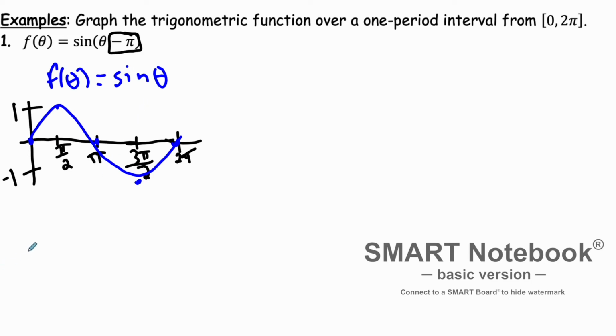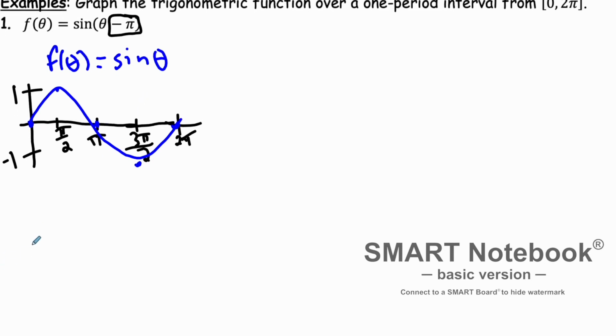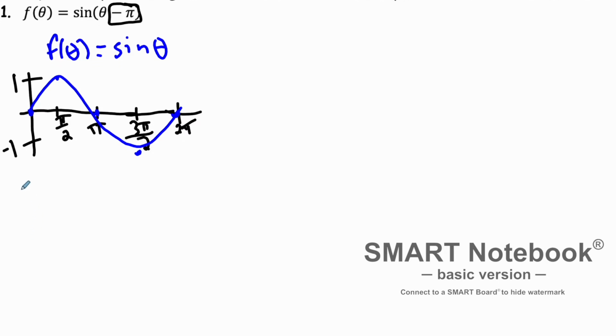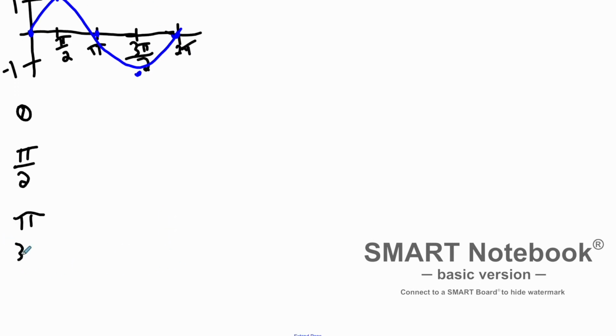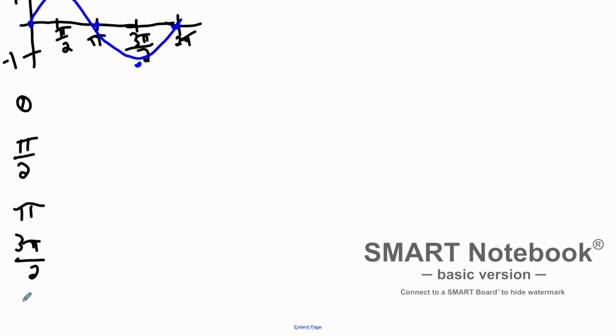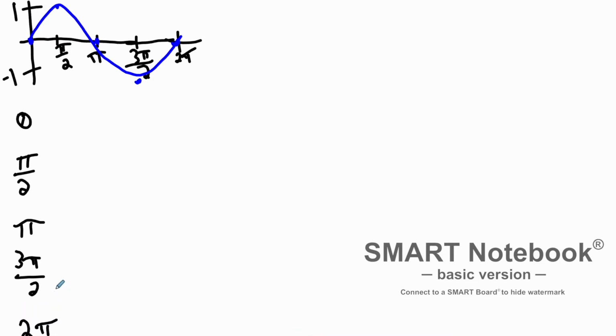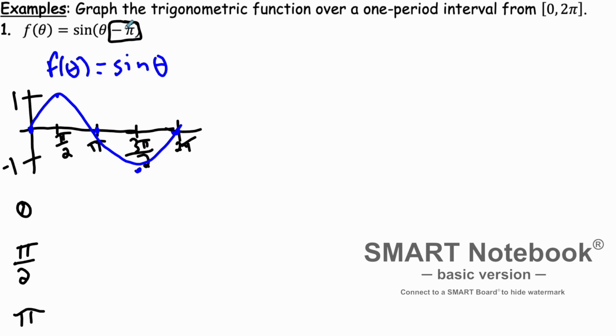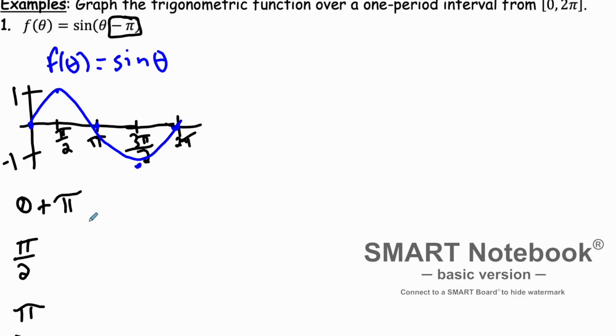So I'm going to make my list of my 5 points: 0, pi over 2, pi, 3 pi over 2, and 2 pi. Now we're going to do the same thing every time. And again, like I said, it's the opposite of what you see here. So we see a minus pi. That means we're going to do the opposite. We're going to add pi. So we're going to add pi to all of these values.